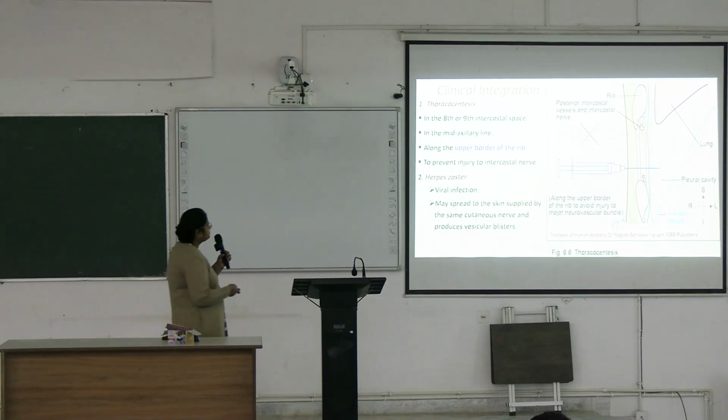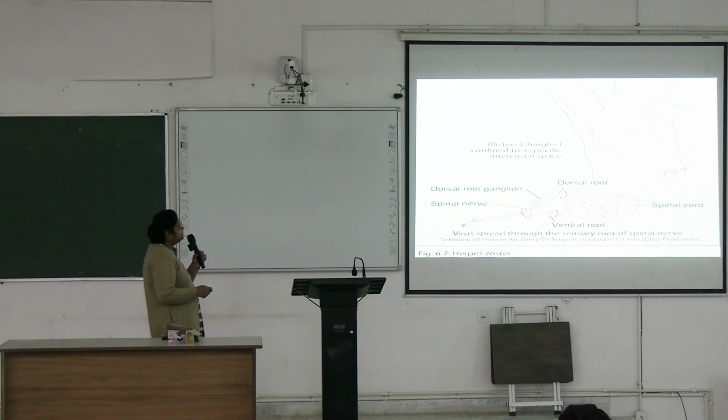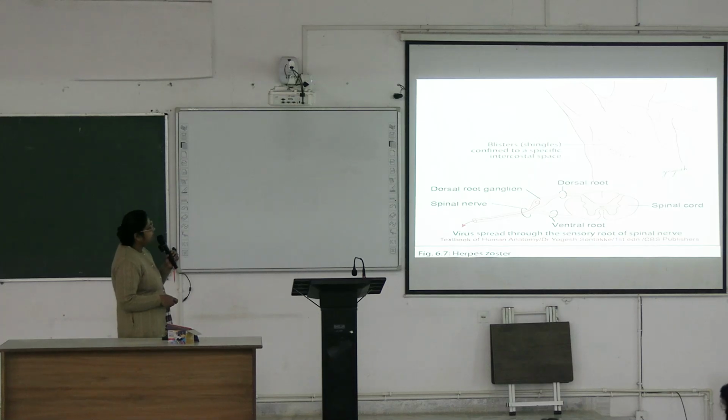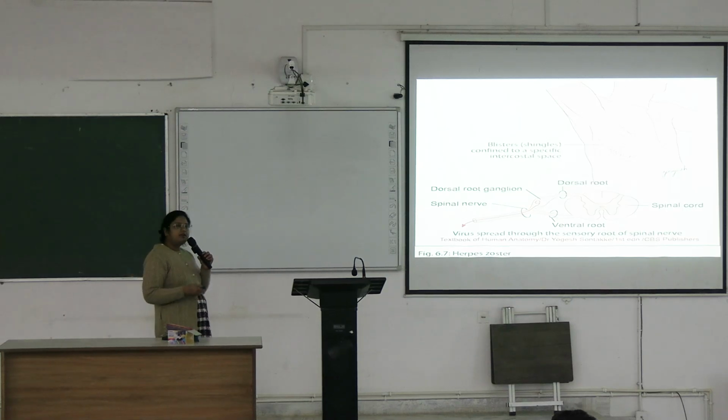See here, the blisters of herpes zoster confined to a specific intercostal space. And here you are seeing the dorsal root, ventral root, spinal nerve shown, and the virus spreads through the sensory root of the spinal nerve. The posterior root is the sensory root, so the virus spreads through this sensory root.